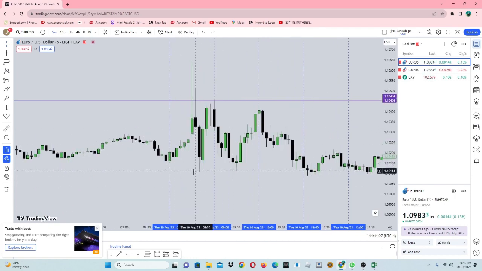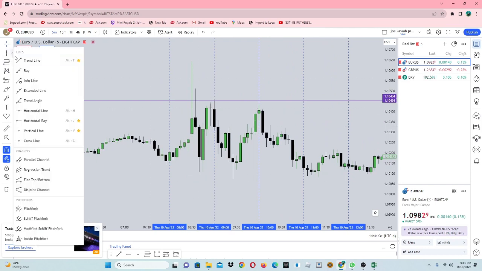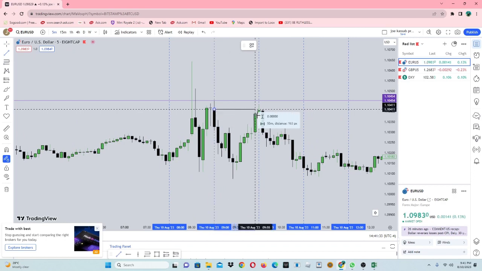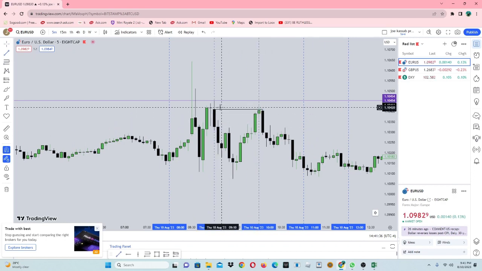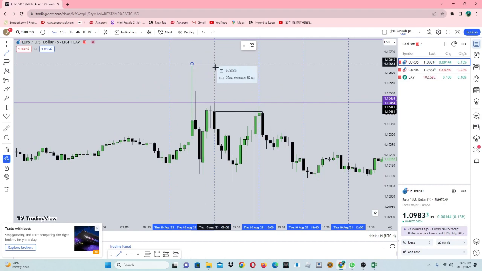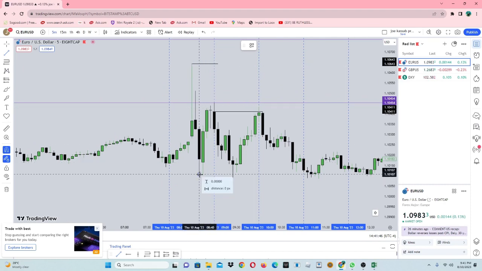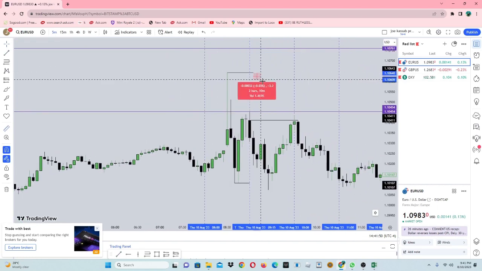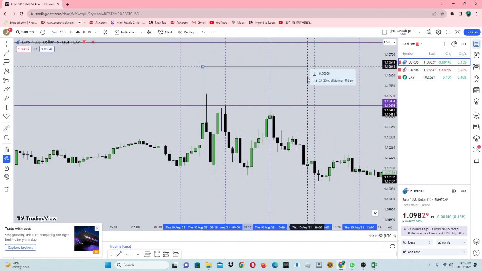What happened right here? This is the opening of the hourly candle. This is the sweep of liquidity. We have this high and this low of this hourly candle.